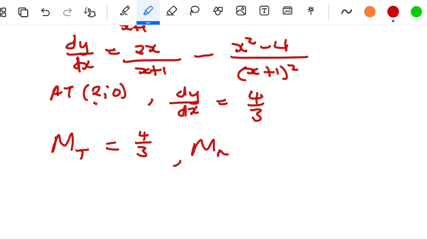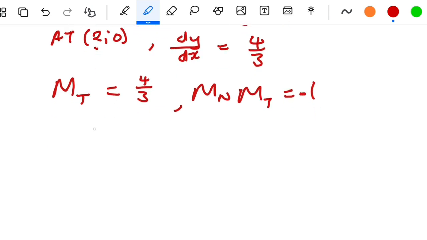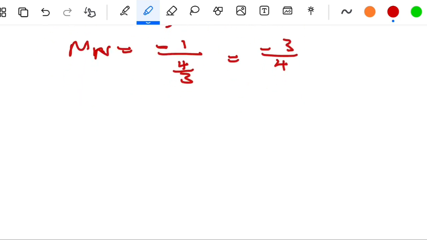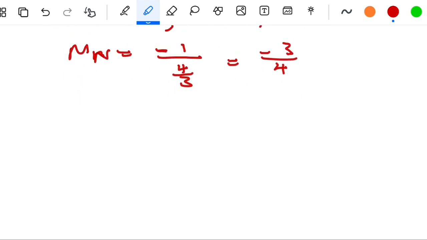Now mt times mn is negative 1. So let's find mn. So mn equals negative 1 over 4 over 3, which is negative 3 over 4.